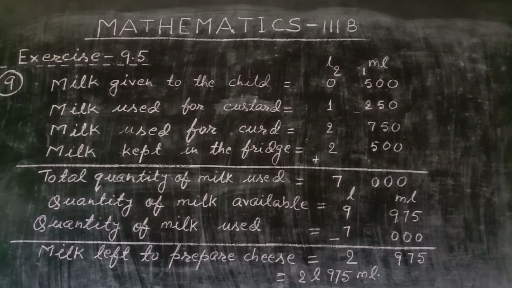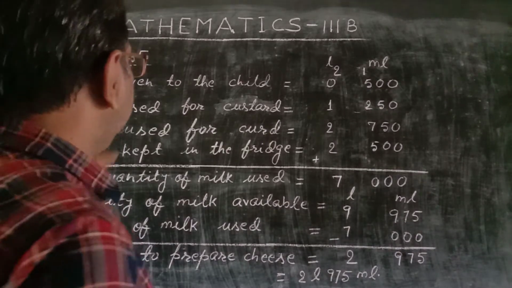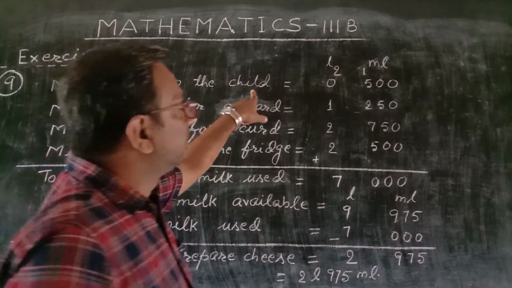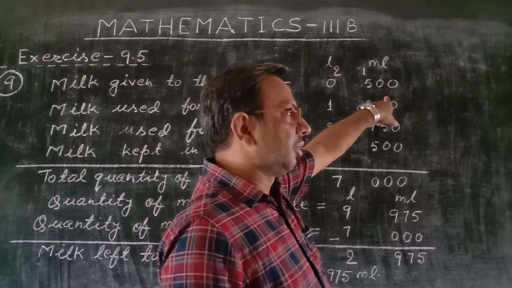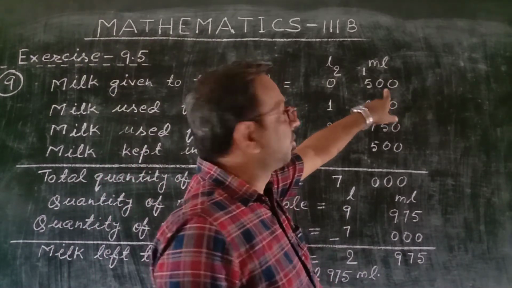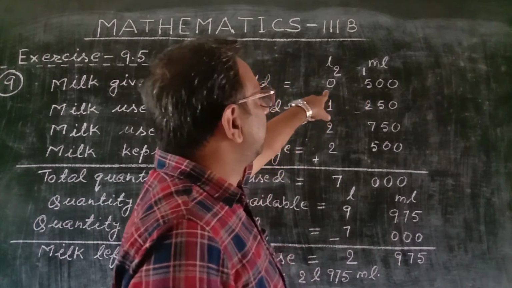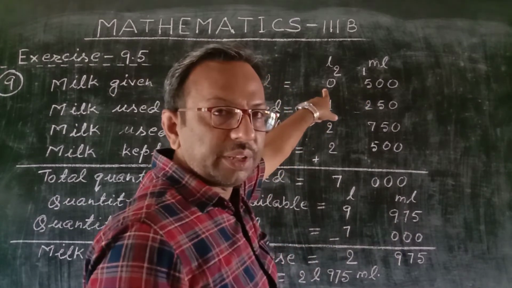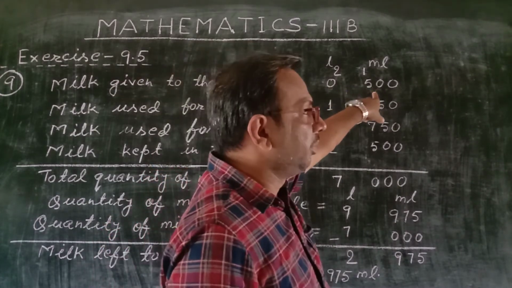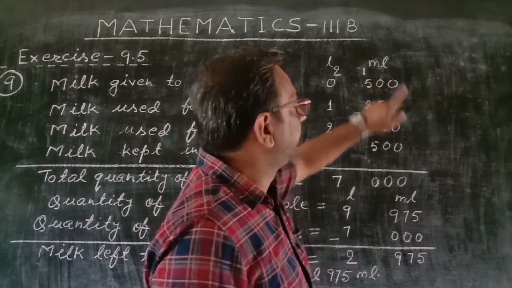Solution of this question: milk given to the child equal to 500 milliliter. Before that, I made 2 columns of liter and milliliter. Here is no liter, so in the column of liter I kept 0 and in the column of milliliter I kept 500.